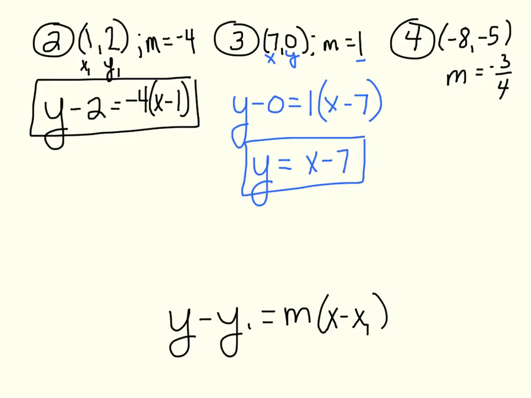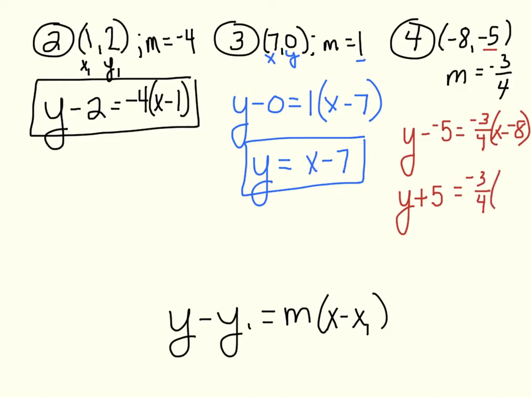The next example, y minus, my y value is negative 5, equals my slope, which is negative 3/4, times x minus my x value, which is negative 8. A minus a negative is a plus, so we get y plus 5 equals negative 3/4 times x plus 8. And that is my answer.